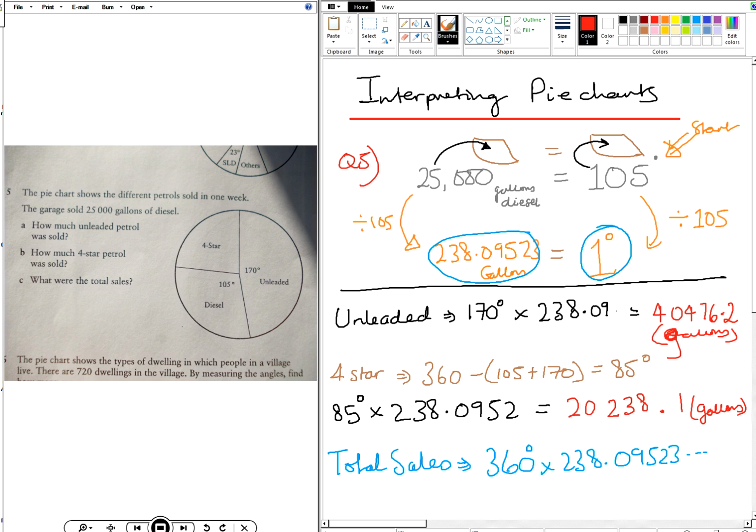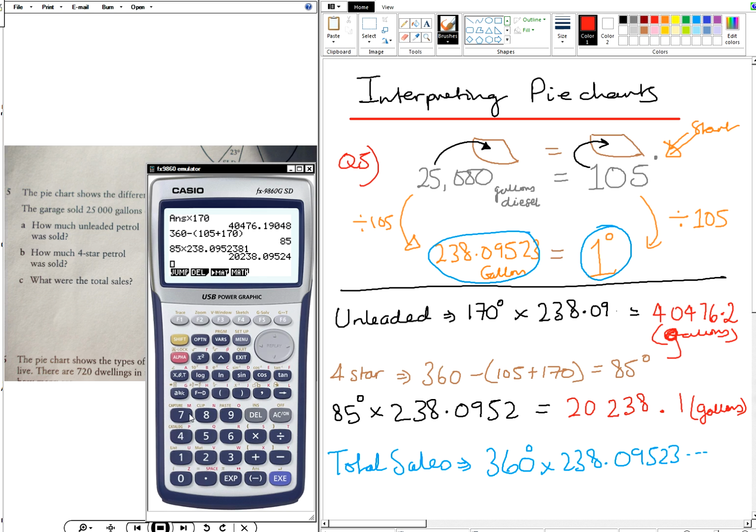Let's work that on the calculator. 360 times 238.0952381 equals.